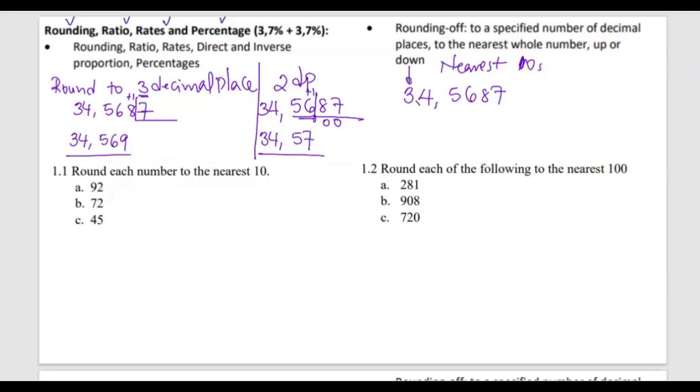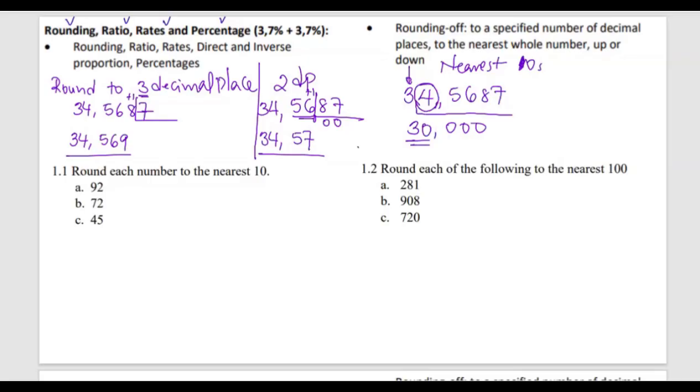You see? So all these numbers here have to be zeros. But the 4 here, when it comes to tens, we have to reach 5. So the 4 is below 5. So the answer here becomes 30,000. All right? Nearest tens. Hundreds, it will be 000 because we don't have hundreds here.